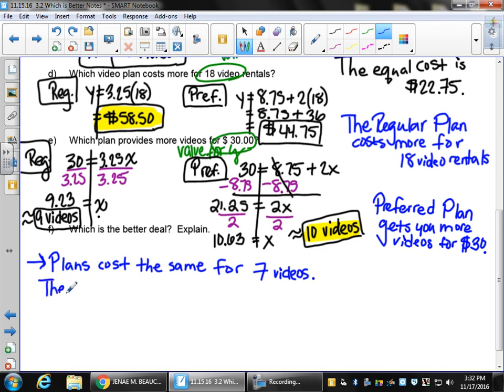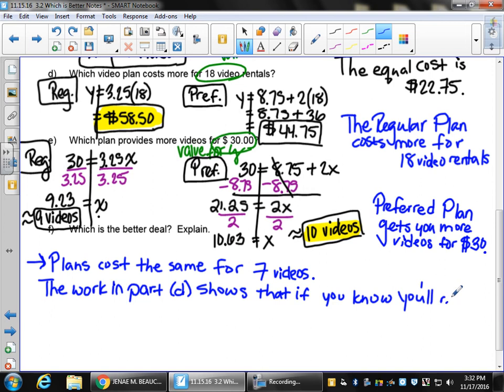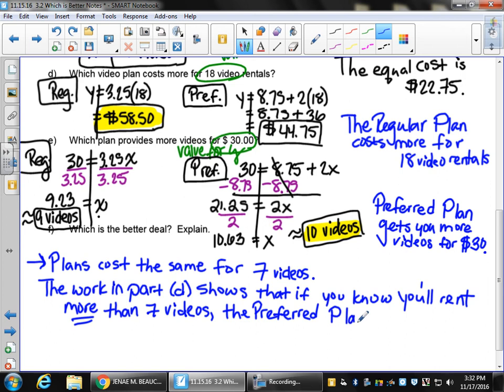The work in Part D shows that if you know you'll rent more than 7 videos, the preferred plan is cheaper.